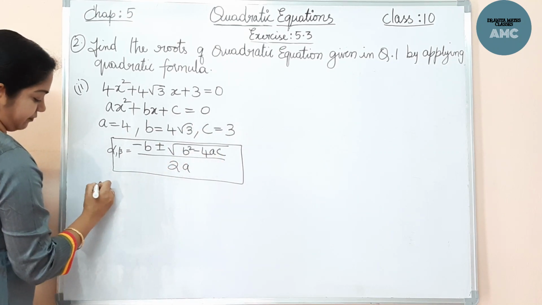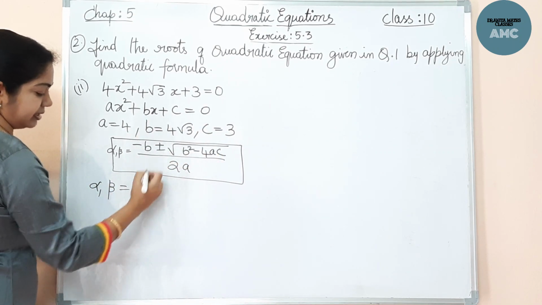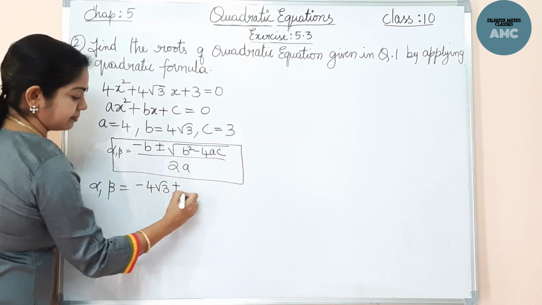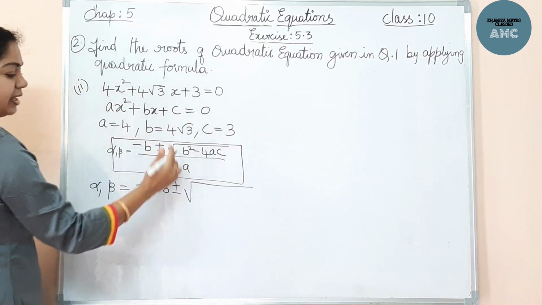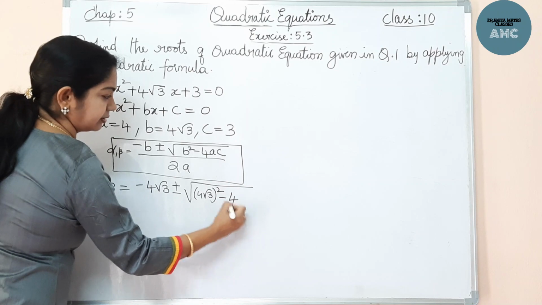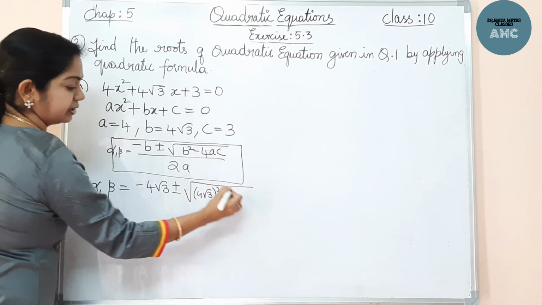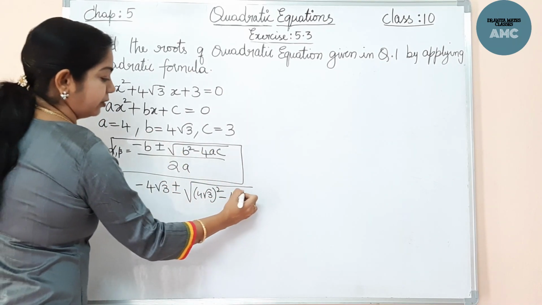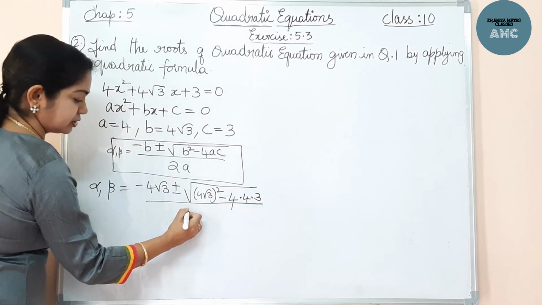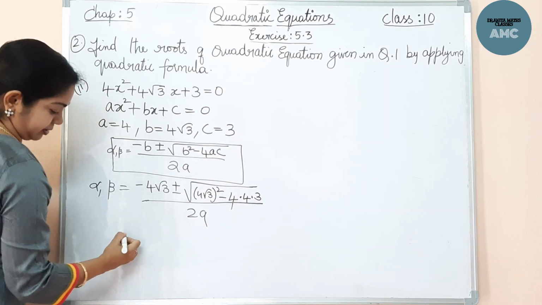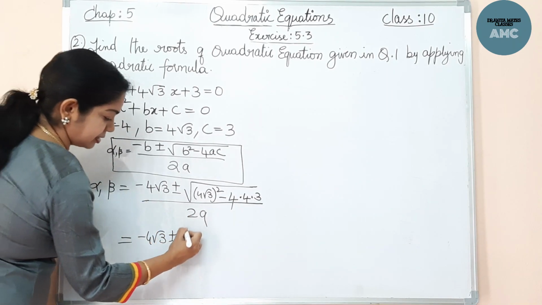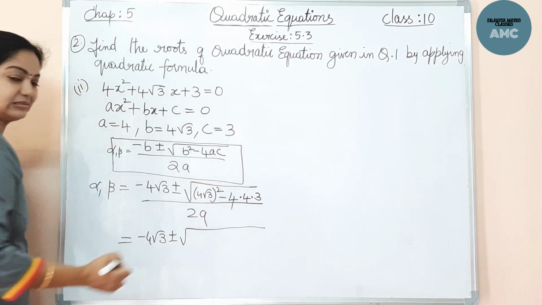Alpha comma beta equal to minus b, b value is 4 root 3, plus or minus under root b square, that means 4 root 3 whole square, minus 4ac, 4 into a and c, by 2a.